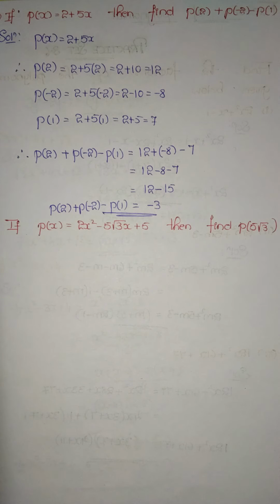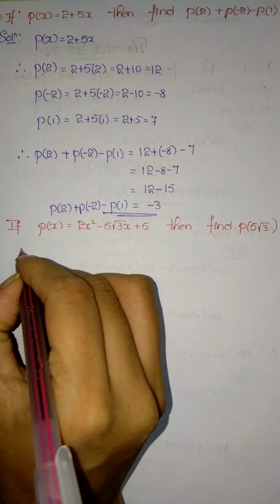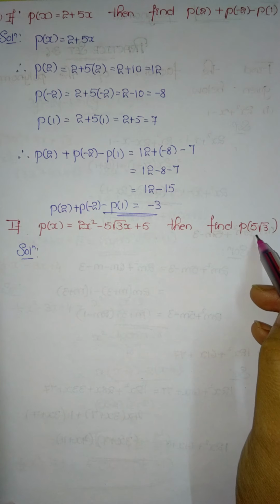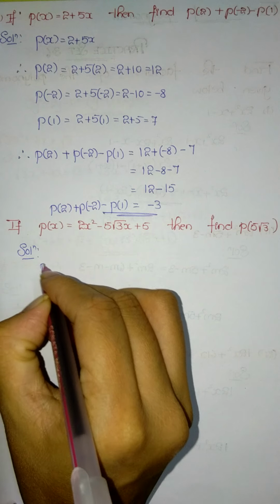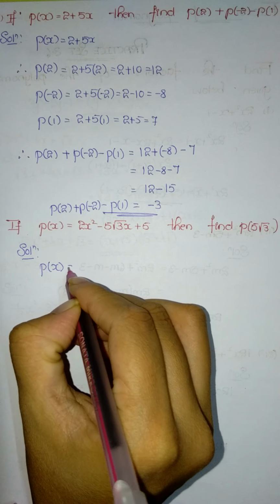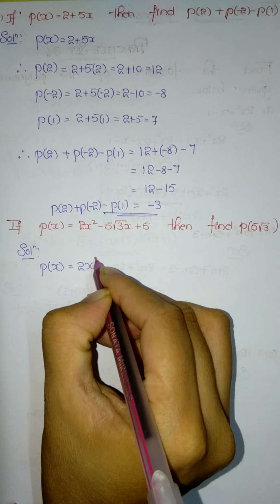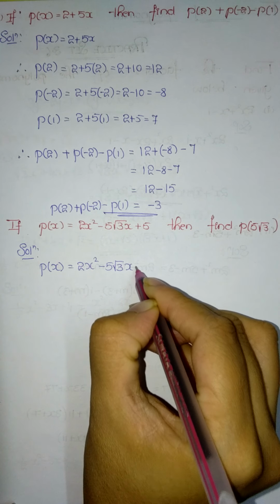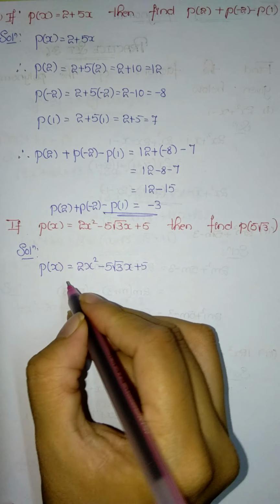If p of x equal to 2x square minus 5 root 3 x plus 5, then find p of 5 root 3. So here p of x is given. In the place of x we have to put 5 root 3. So p of x equal to 2x square minus 5 root 3 x plus 5.